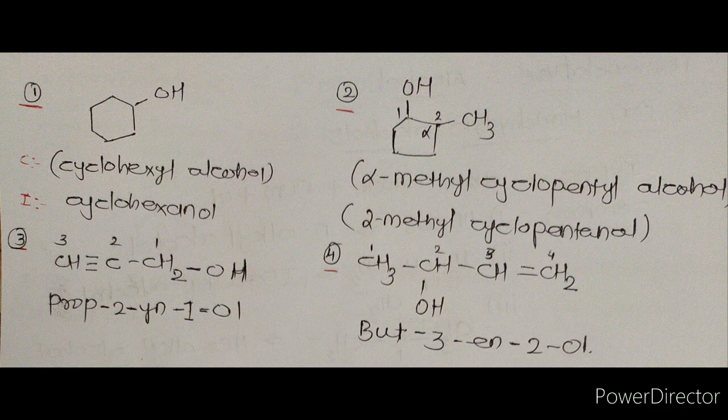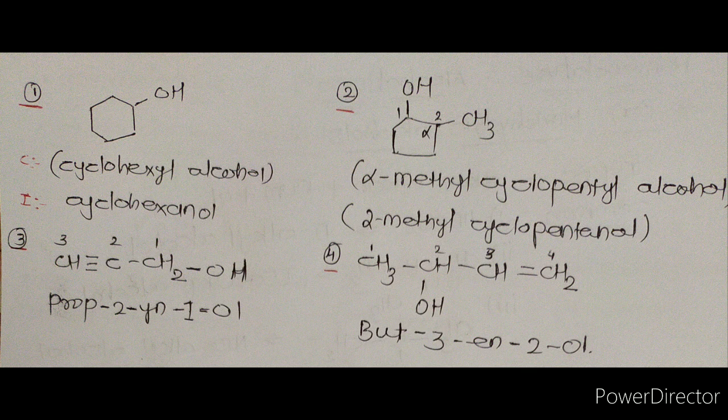The final answer is prop, meaning total 3 carbons. Now the triple bond is on the second carbon, hence 2-yne, and OH is on the first position, which means 1-ol. So the final answer is prop-2-yn-1-ol, that is its IUPAC name.